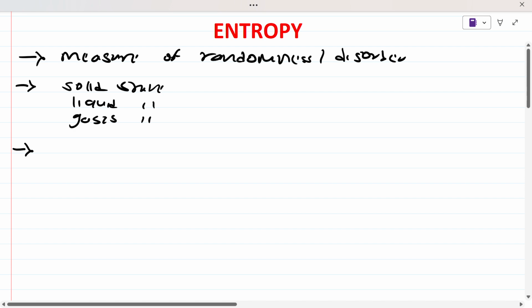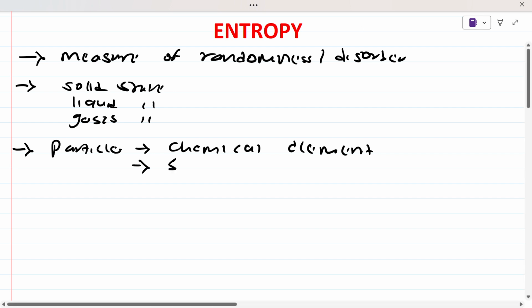First thing, entropy entails particles of chemical elements. And whenever particles of elements are undergoing changes, their surrounding also affects their behavior.